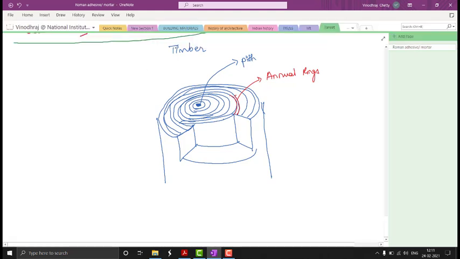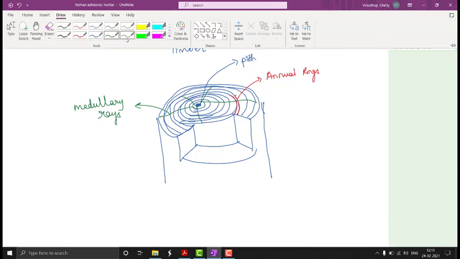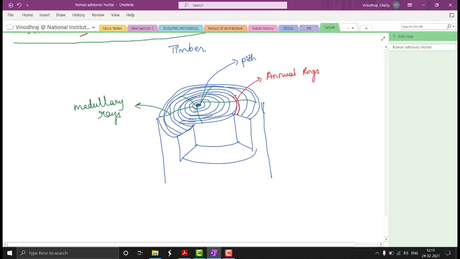And then these green rays that are emerging from the pith, these are known as medullary rays. So there is pith, annual rings, medullary rays. There are two more terms, that is heartwood and sapwood. So whatever the wood that is closer to the pith, this is known as heartwood.